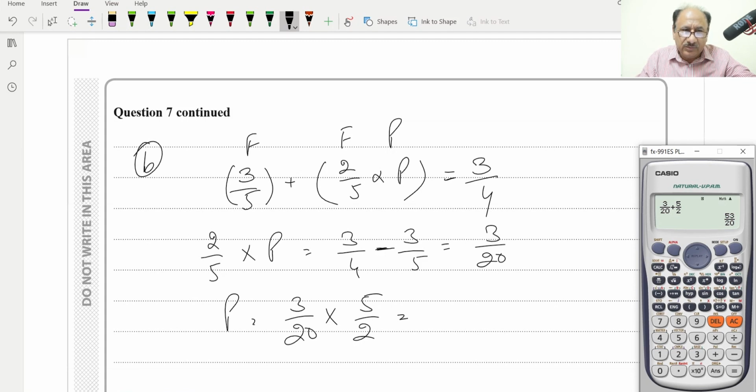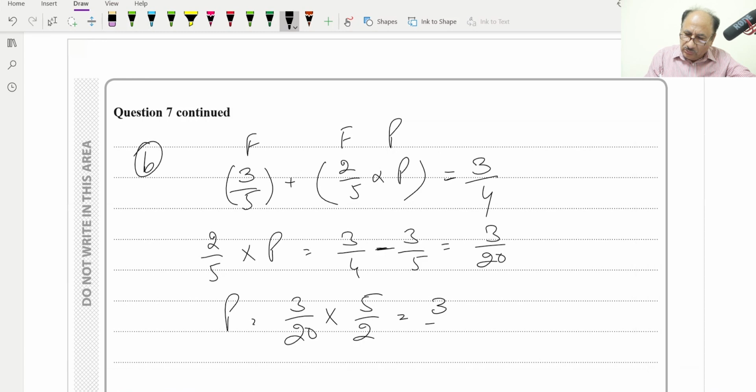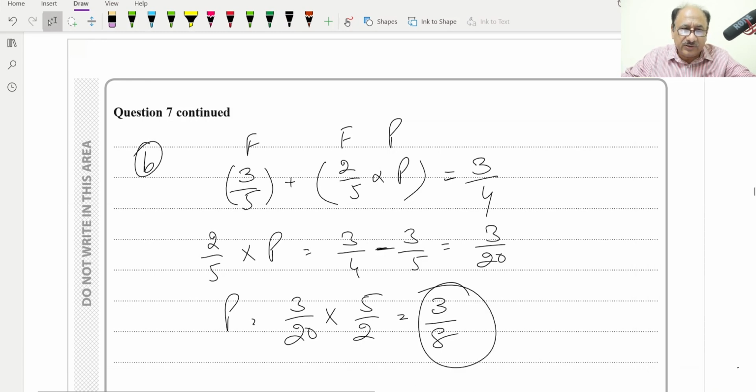What is that mistake? Yeah, it should be 30. It's not plus, it's multiplication. So over here it should be a multiplication sign, and we'll get 3 over 8. So 3 over 8 is the probability for the second part, and this is done.